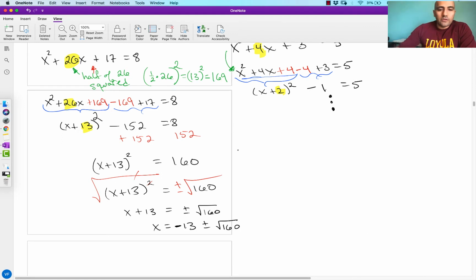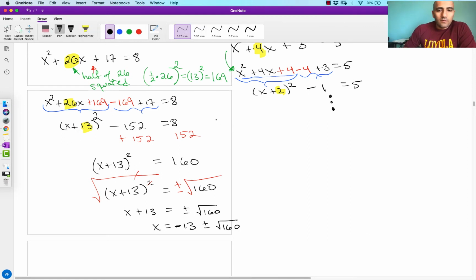Right, so if the original equation was, let's check it. My original equation was: solve x squared plus 26x plus 17 equals 8. And I'm concluding that there are two solutions.